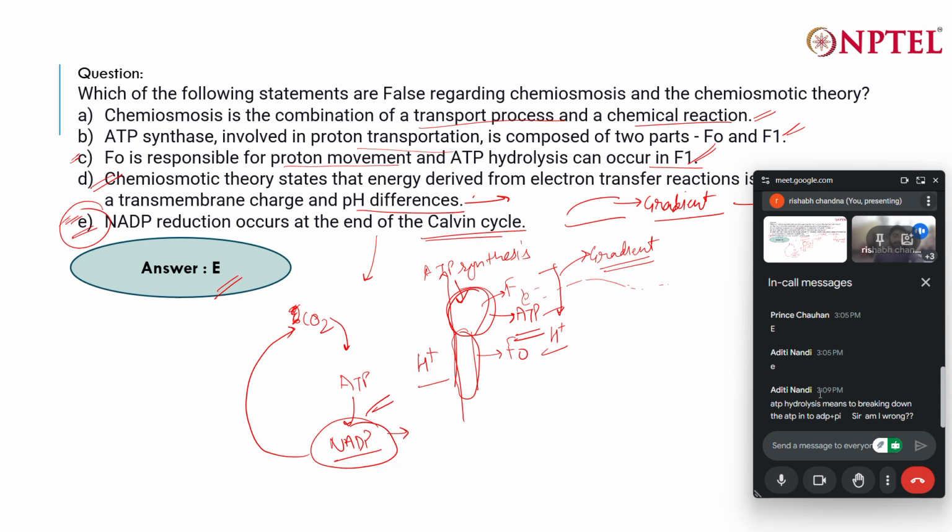No, ATP hydrolysis means breaking of ATP only, so to release energy.